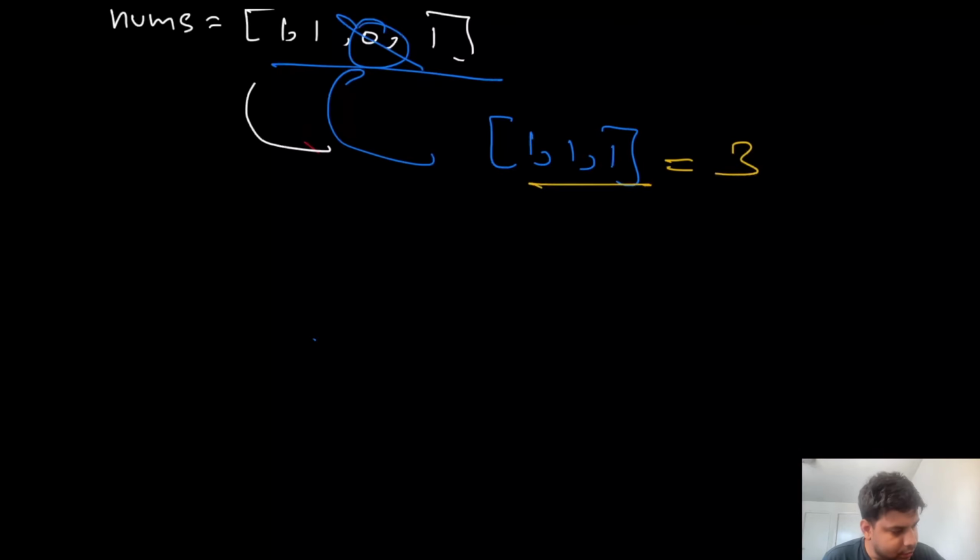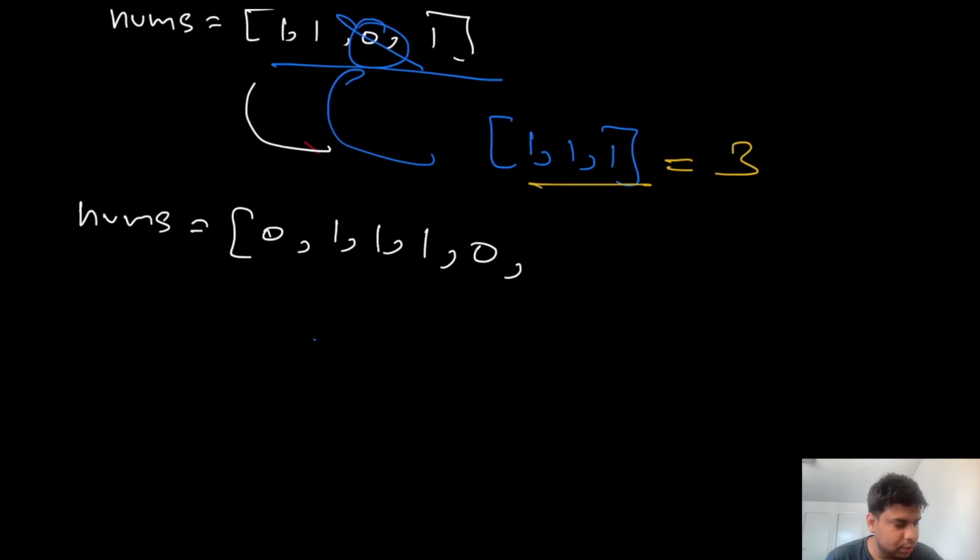So let's take another example. Nums is equal to 0 1 1 1 0 1 1 0 1. What is the answer for this? As I told you, you can delete at most one 0.